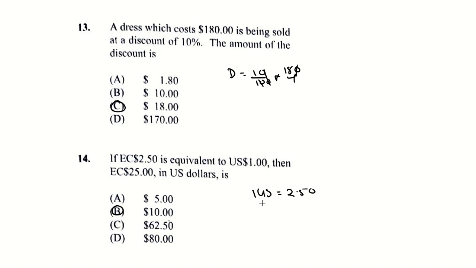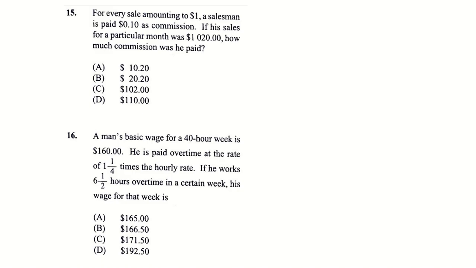So we could say 10 US would be $2.50 multiplied by 10, which is $25. Right? So using the answers, you could have just converted to EC to get the answer that you have for number 14.